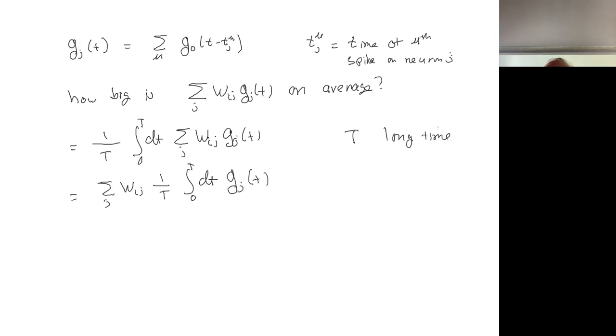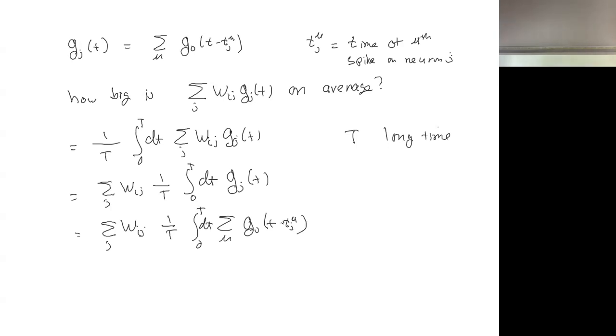And now we can look at the definition of Gj of t right up here. So this equals the sum on j of Wij times 1 over T, the integral from 0 to T dt, of the sum on mu of G0 of (t minus Tj mu).